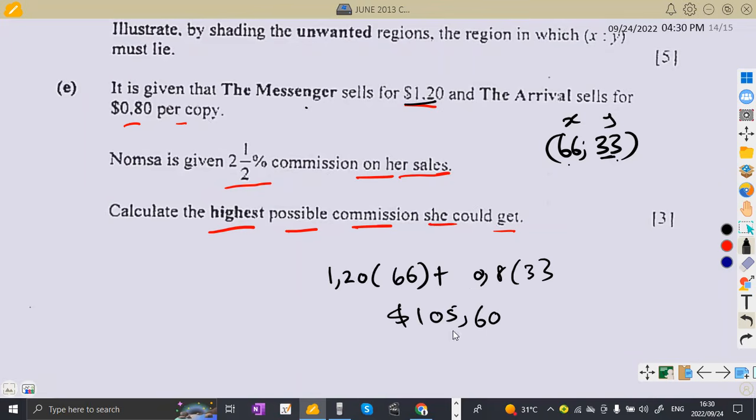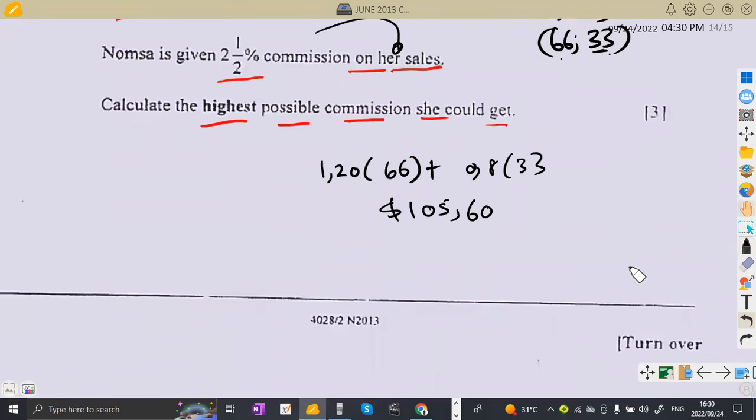She got something like 105.60. Therefore, what is the commission? Commission is 2.5% on her sales. So that means for us to have the commission now, we are going to say the commission from the highest amount that we got is going to be 2.5%. How do you remove percentage? You divide by 100.